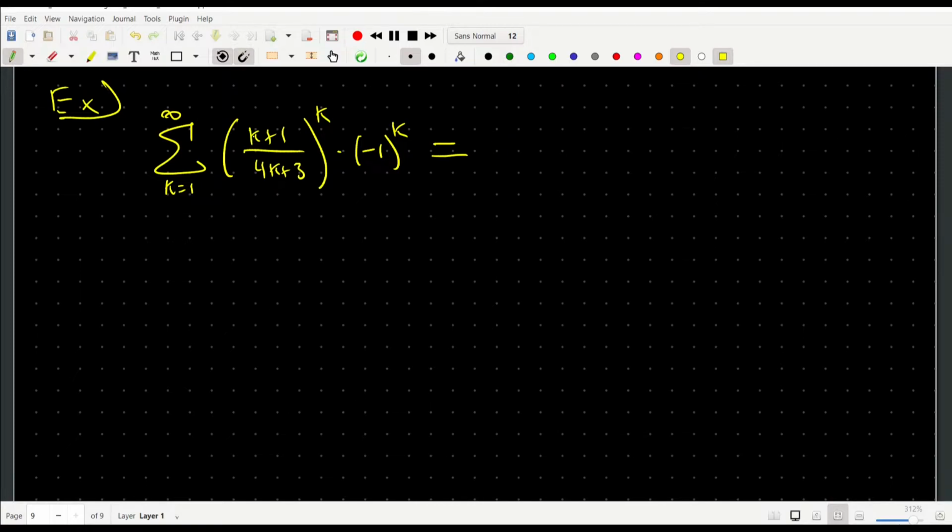If you plug in the terms in k, the first term is (1 plus 1 over 4 times 1 plus 3) to the power 1 times negative 1.